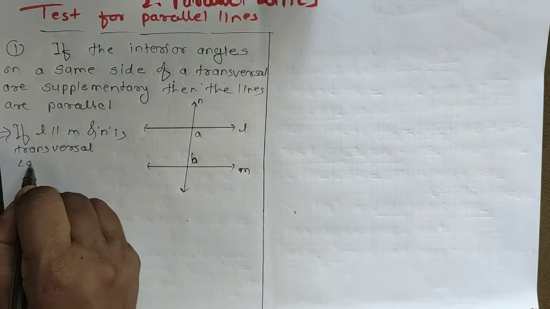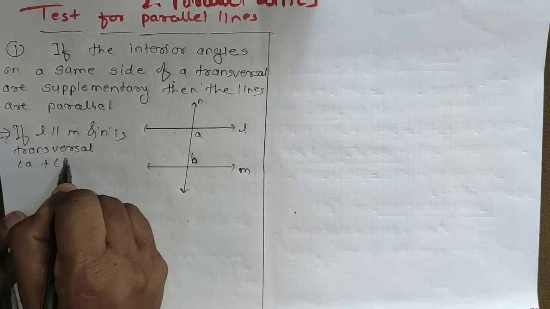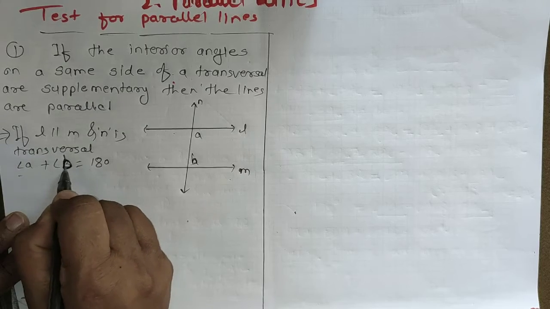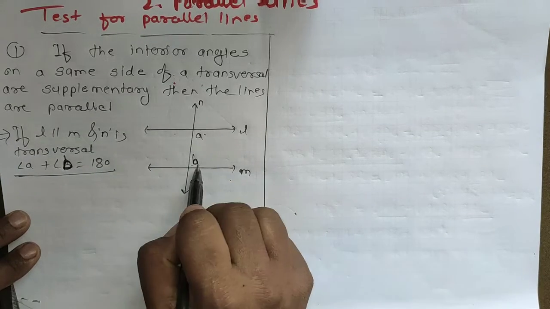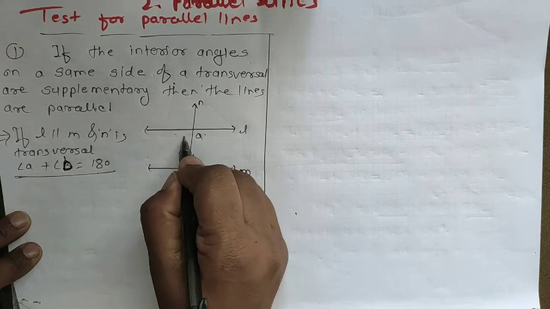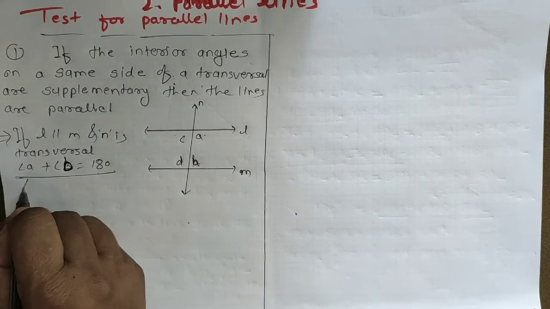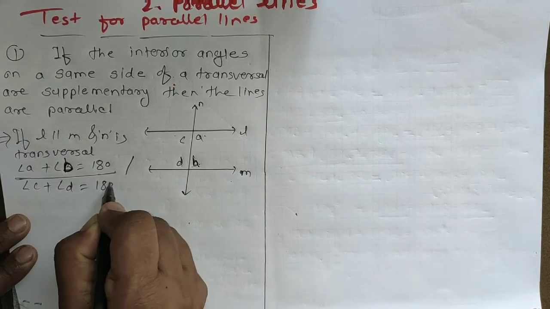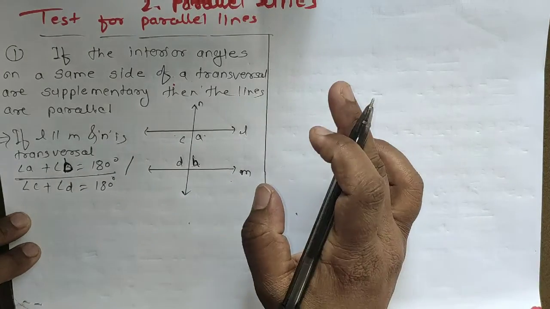then angle A plus angle B is equal to 180. If angle A plus angle B is equal to 180 and these are the interior angles, and if they are supplementary on one side, otherwise angle C plus angle D is equal to 180 degrees, then these two lines are parallel to each other.